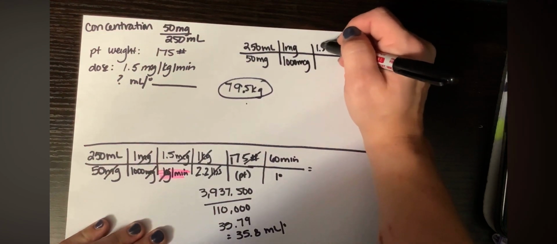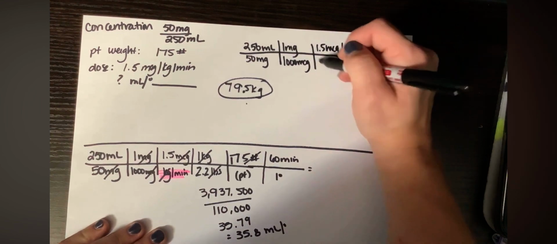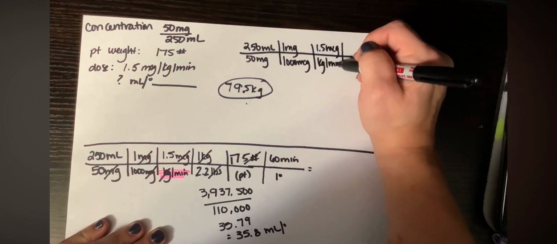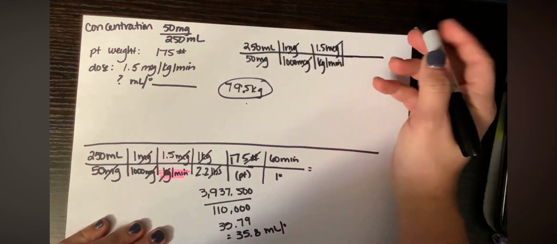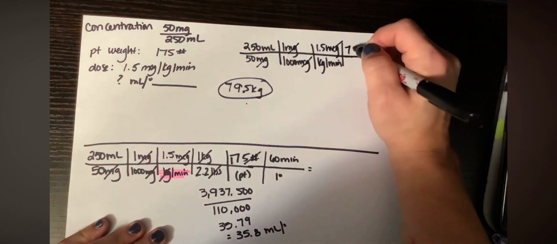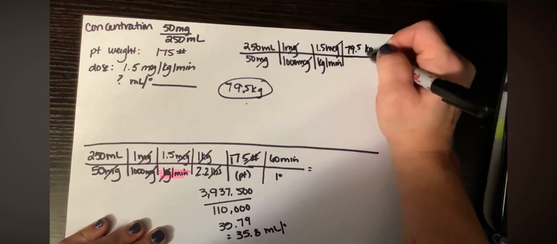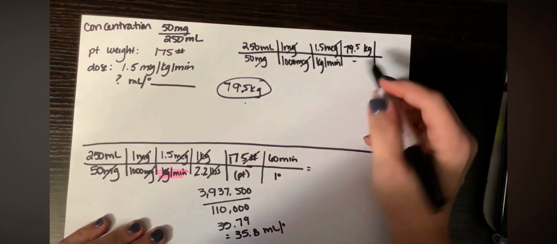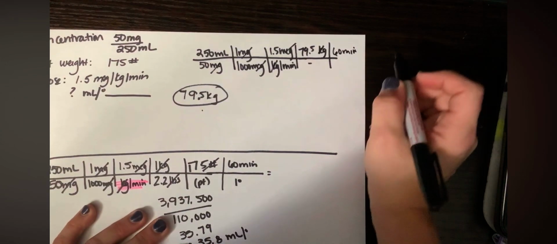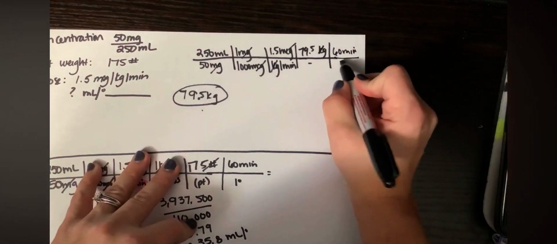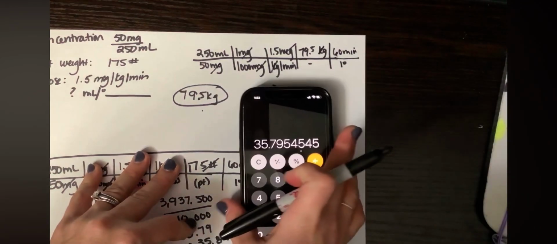We have a dose of 1.5 mics per kilogram per minute. Mics, milligram. Kilos, we have 79.5 kilogram patient. Kilo. And then 60 minutes in our 1 hour. Do the math again.